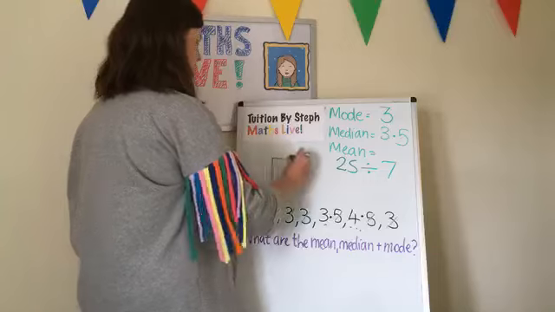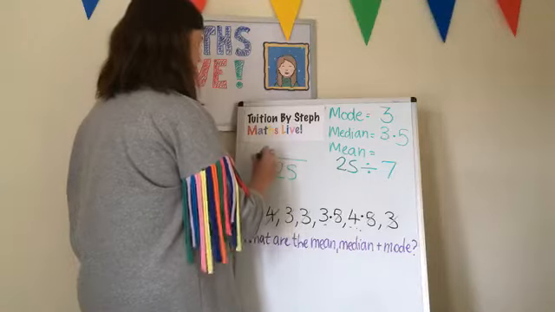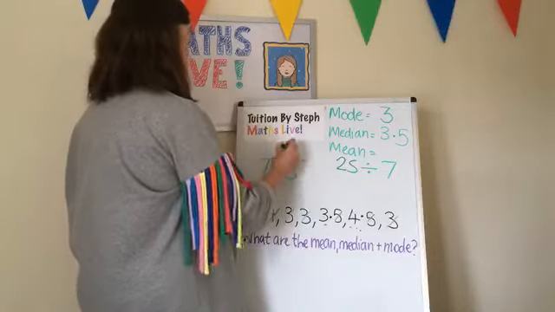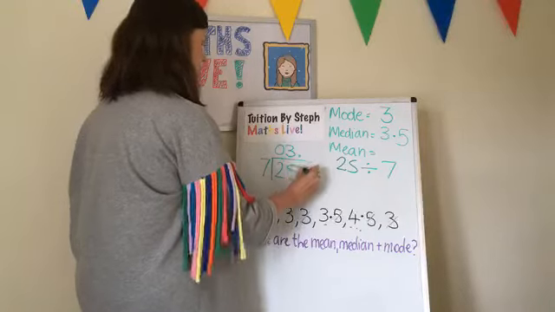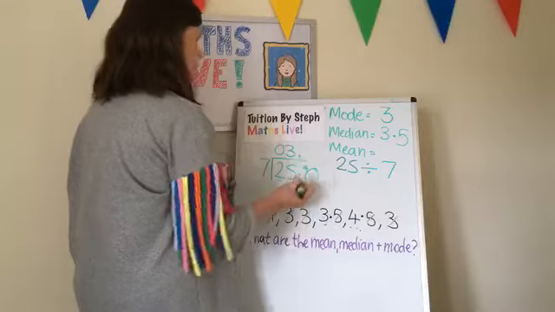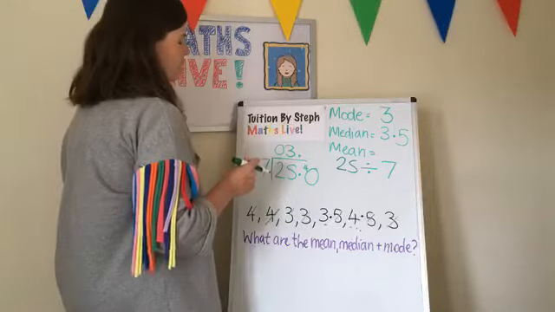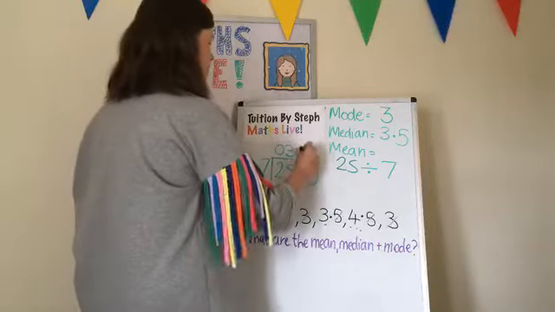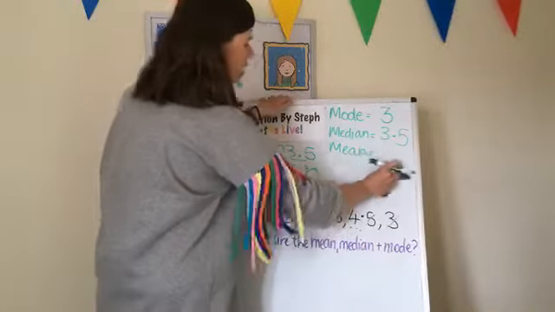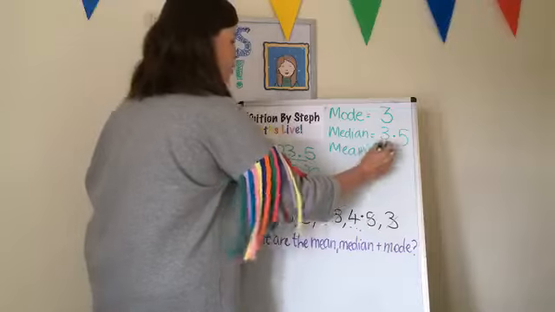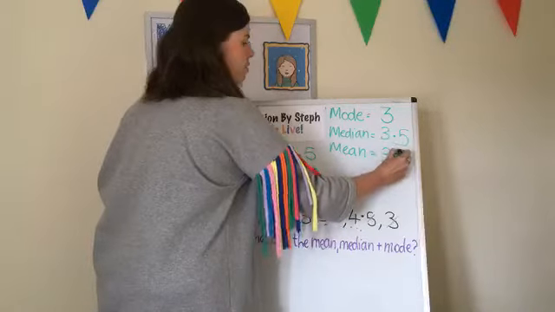Let's do my bus stop. I know that 3 sevens are 21. I'm going to carry the 4. So 5 sevens are 35. That'll do. I'll do it to one decimal place. Oh look, the mean is the same as the median, 3.5.